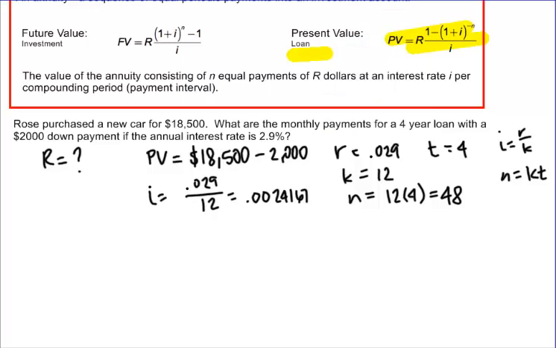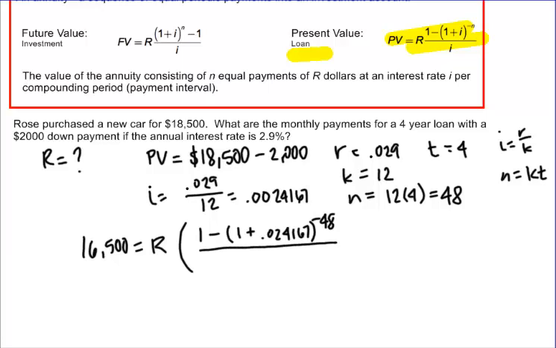My present value, which is 16,500, is equal to the number of payments that I make, that R value, times 1 minus 1 plus I, 0.0024167, to the N, negative 48th power. And all of that is over I, which is 0.0024167. And so we know everything except R.